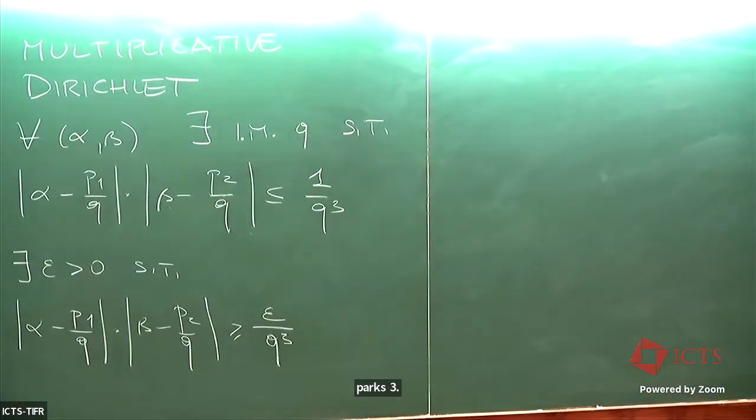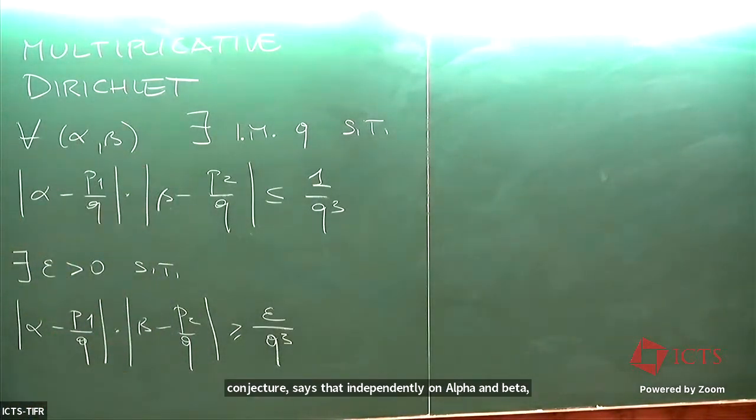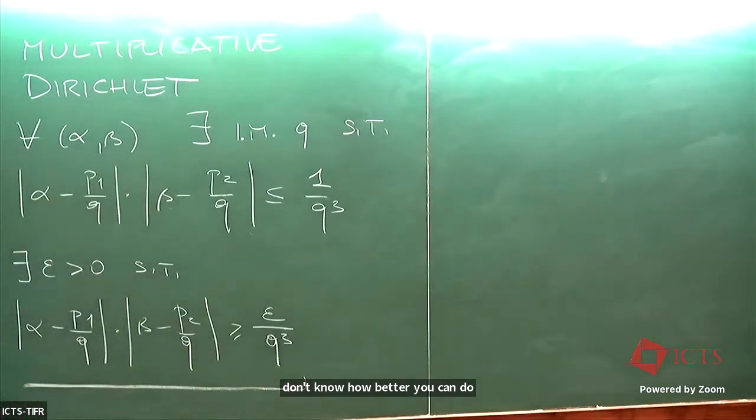So essentially, the conjecture says that independently of alpha and beta, you can always do better than 1 over q cubed, but you don't know how much better you can do. And the point is, we don't know if this conjecture is true. But there are some nice results.